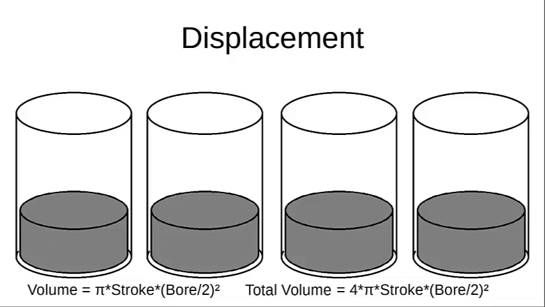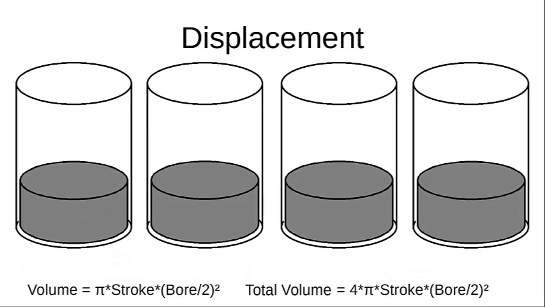In terms of engines, we call this total volume displacement. Displacement is nothing more than the calculation of the volume swept as a piston goes up and down, that small little space that each piston has.